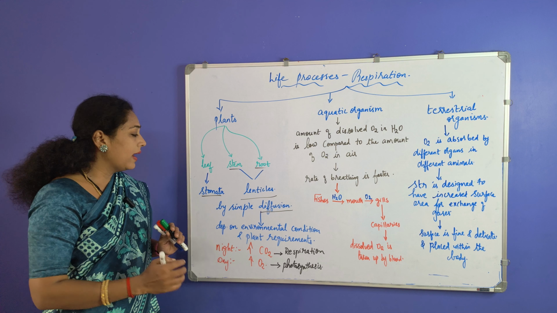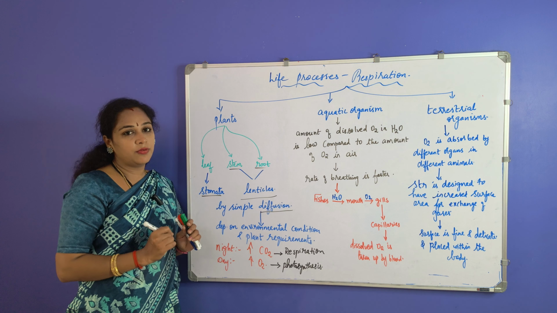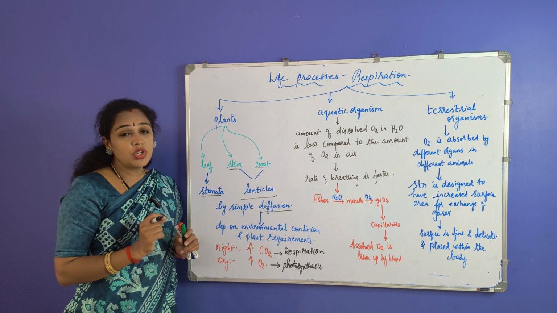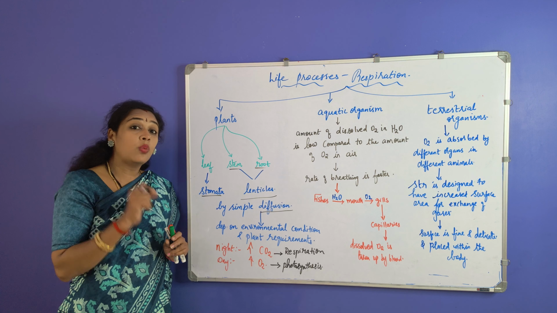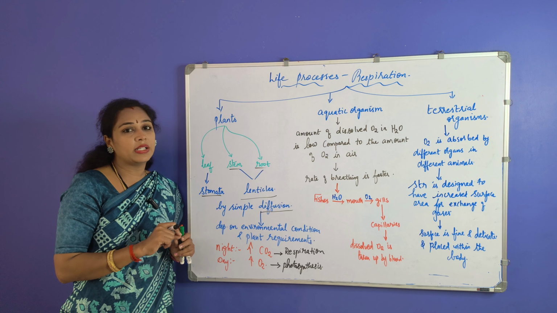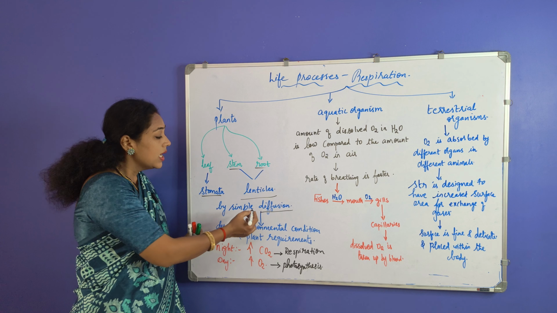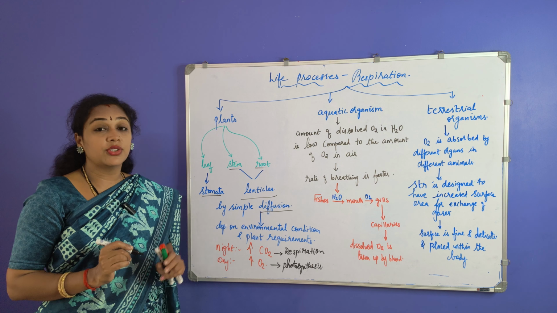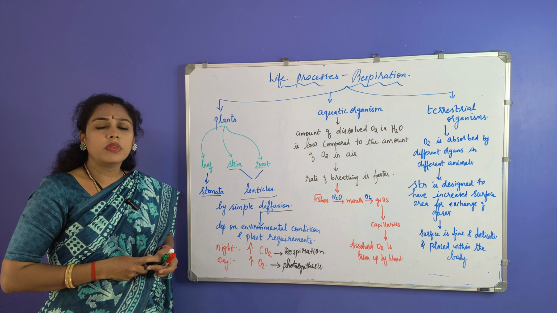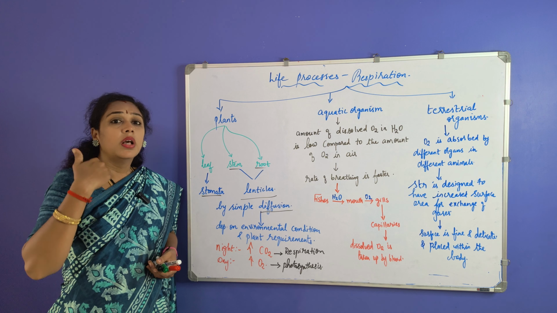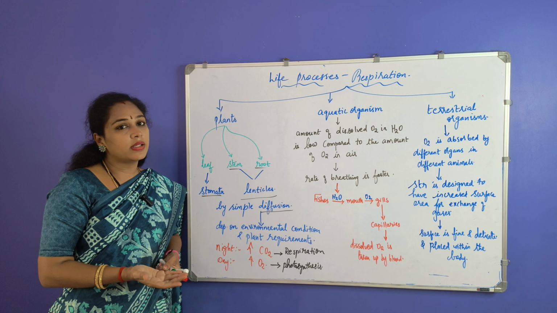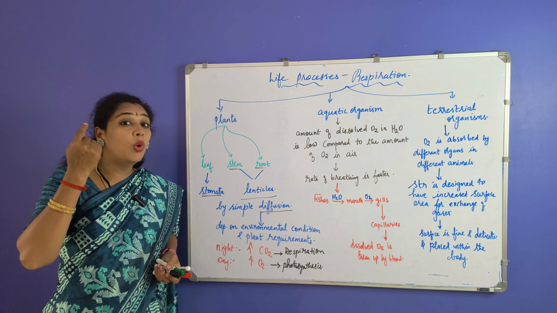Again coming back, on what concept does this simple diffusion happen? This simple diffusion takes place based upon the requirement of the plant and also on the environmental condition. Based upon that, at night time the amount of carbon dioxide released from the plant will be more.